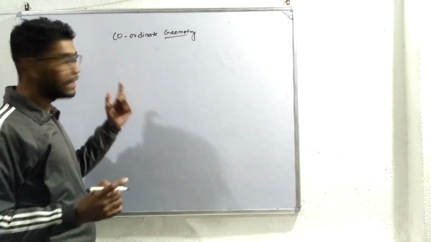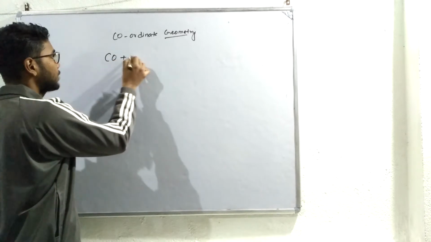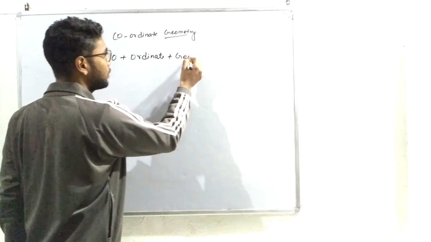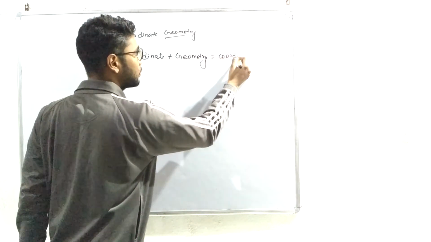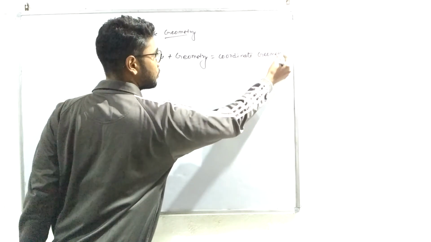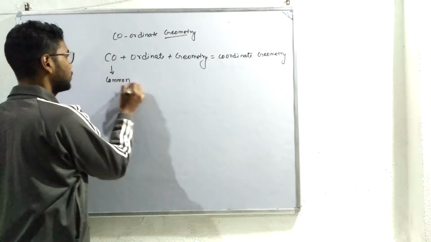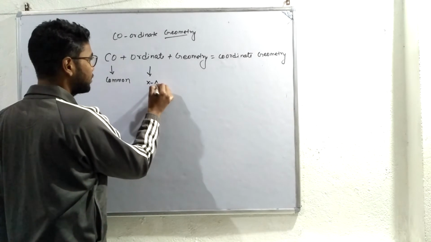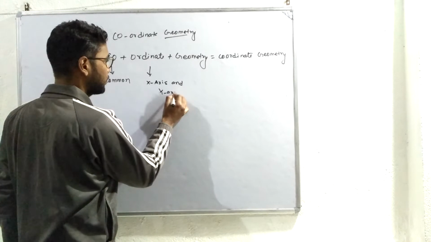If you split this whole topic, co plus ordinate plus geometry is equal to coordinate geometry. Co means common, ordinate means x-axis and y-axis.